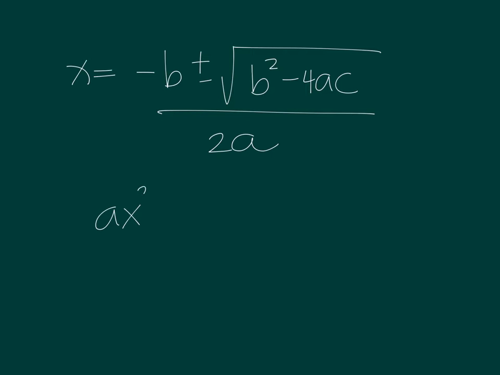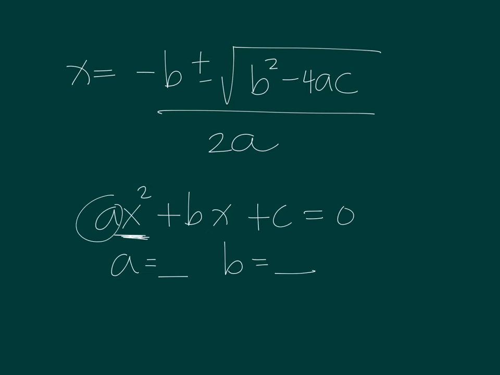Note that the general form of a quadratic equation is ax squared plus bx plus c equal to 0, where a is the coefficient of x squared, b is the coefficient of x, and c is a constant.